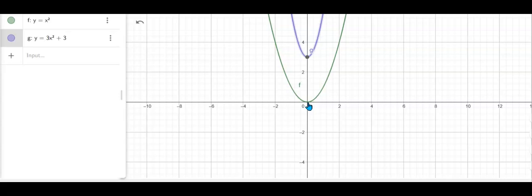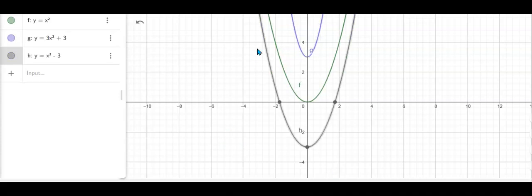The vertex is at 0, 0. But for this new graph, the c gives us this new vertex, which is 0, 3.